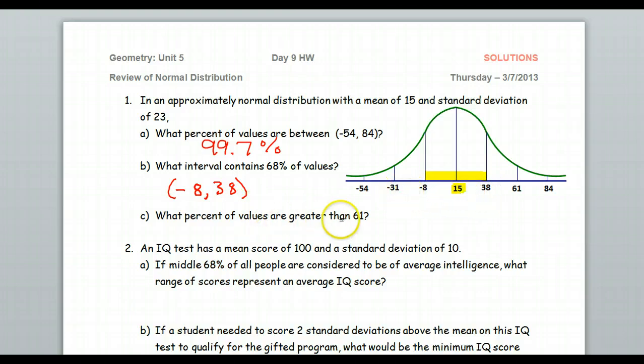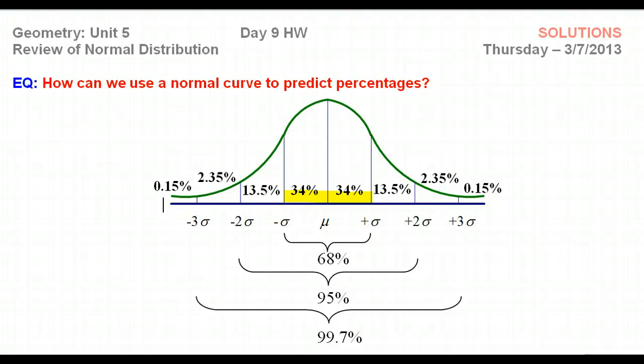What percent of the values are greater than 61? Well, here's 61. If we want to be greater than 61, we have to look to the right of 61. So that includes these 2 regions. Looking at those numbers, and I really need you to memorize these numbers, we're talking about 2.35 plus 0.15.